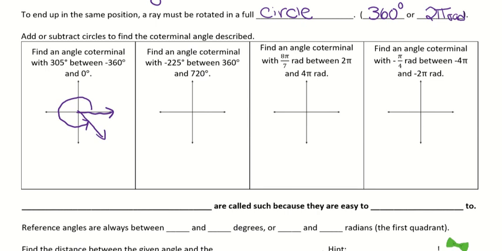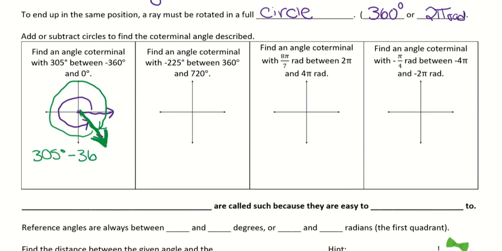So here's what we're going to do. We're going to start here at our terminal ray, and we're going to make a coterminal angle, which means they share that terminal ray. So we're going to go backwards a full circle. How do we think about that mathematically? Well, we started at 305, and then we went backwards a full circle.